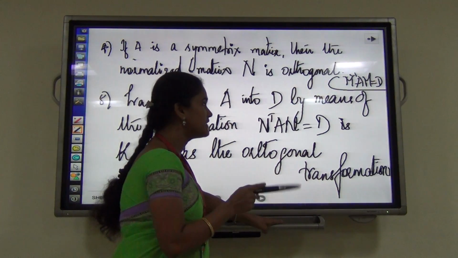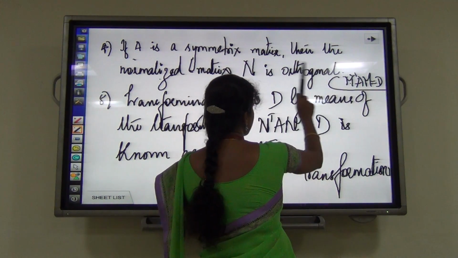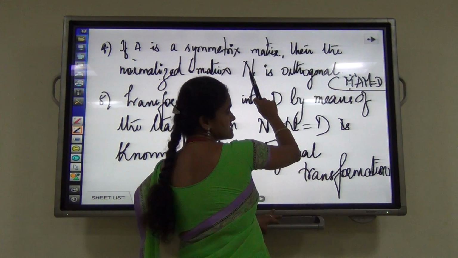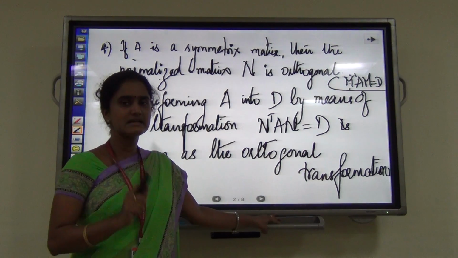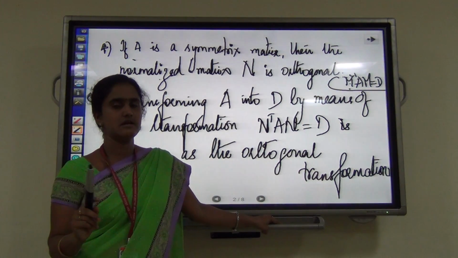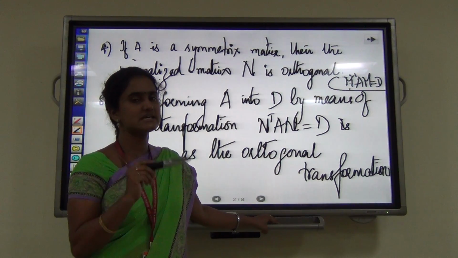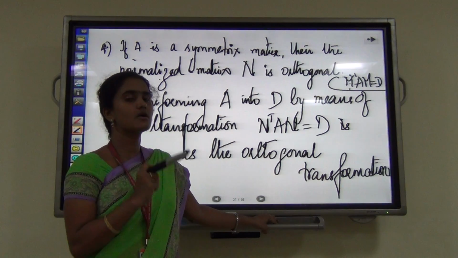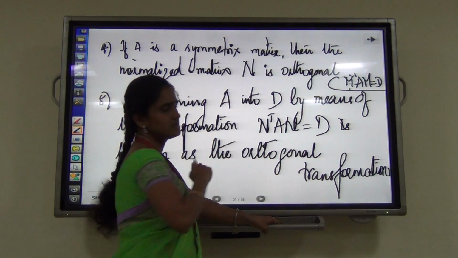Since N is orthogonal, you can replace this M by N. The model matrix is nothing but placing the eigenvectors column wise, that is M. Placing the normalized vectors column wise gives the normalized model matrix, that is N.